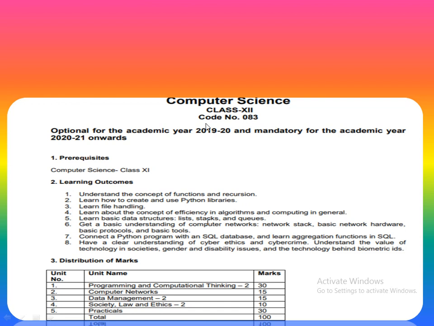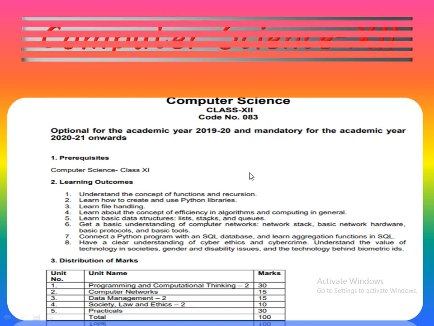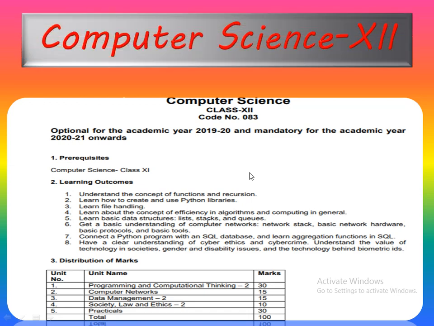The code number for this paper is 083, and here it is written optional for the academic year 2019-20 and mandatory for the academic year 2020-21. That means this syllabus will be followed from this year, 2020-21.